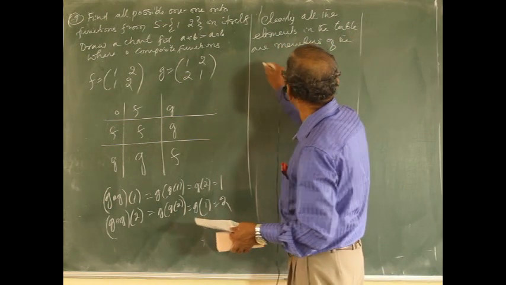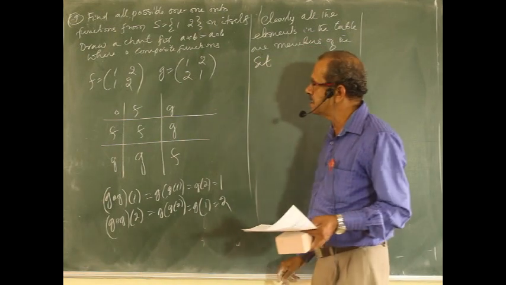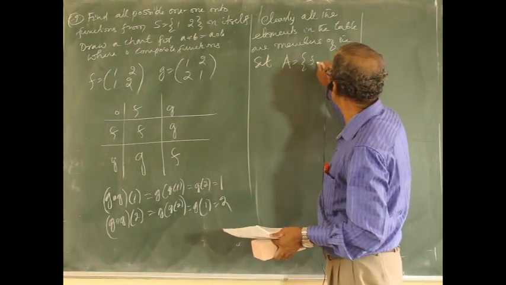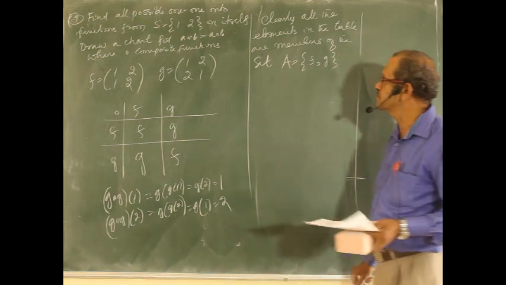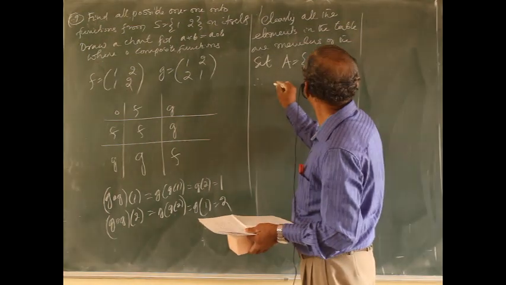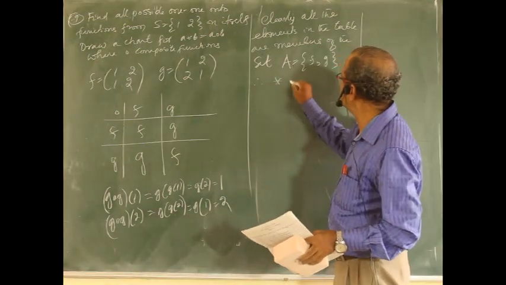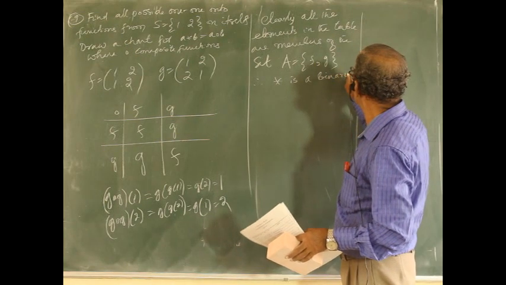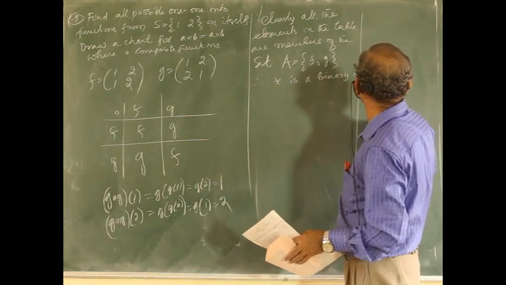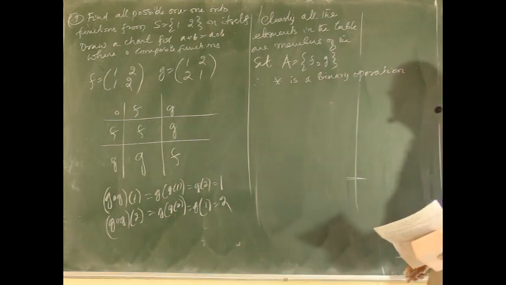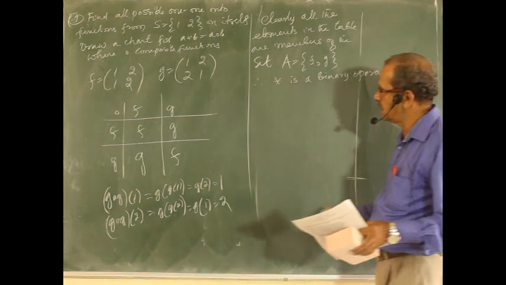Of the set, which set? Members of the set A equal to {F, G}. Therefore, star is a binary operation.